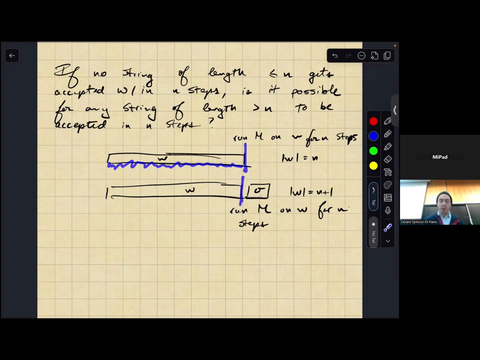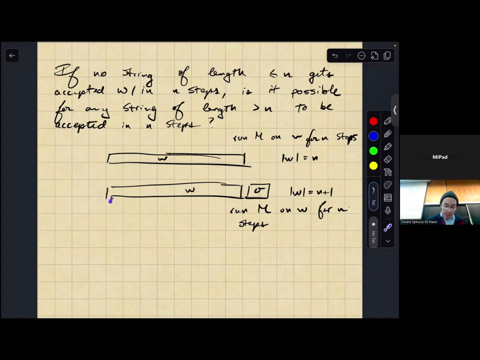But now if I tell you, well, stick a letter onto that, but I don't give you an extra step, so I end up here at step 330. Maybe if I had an extra step, I would accept the string, but I don't have an extra step. I only have 330.